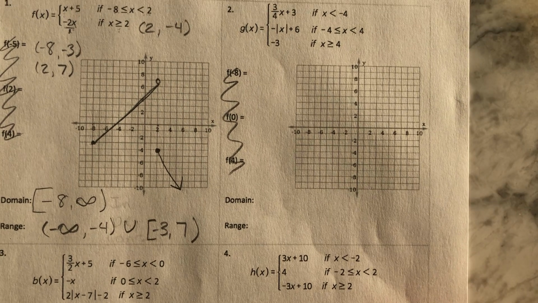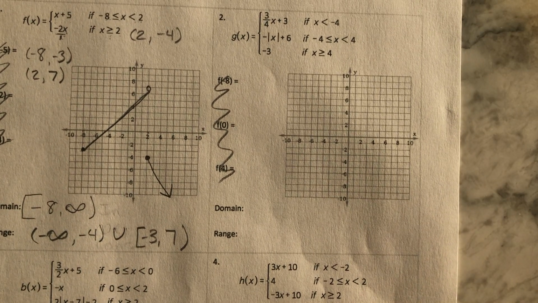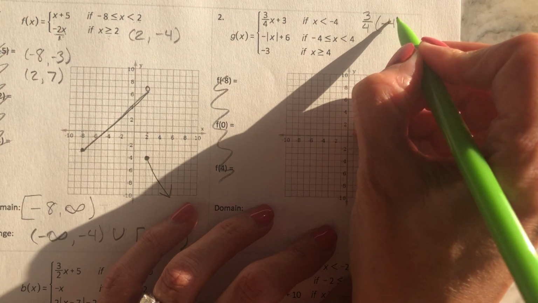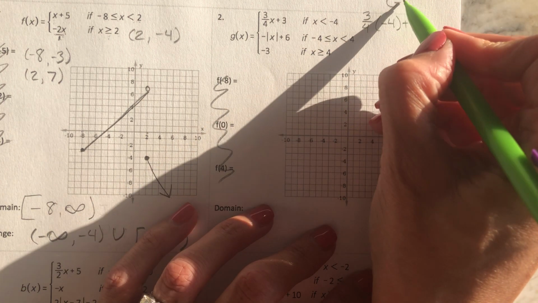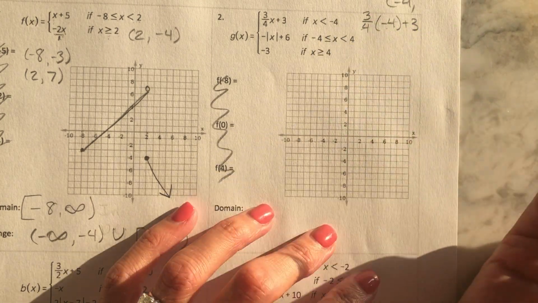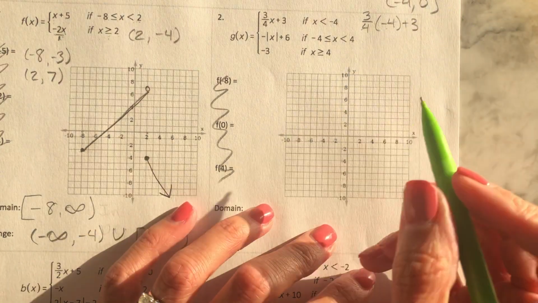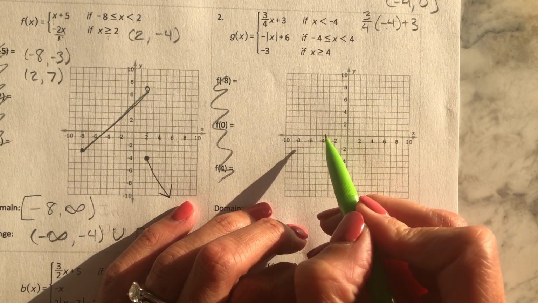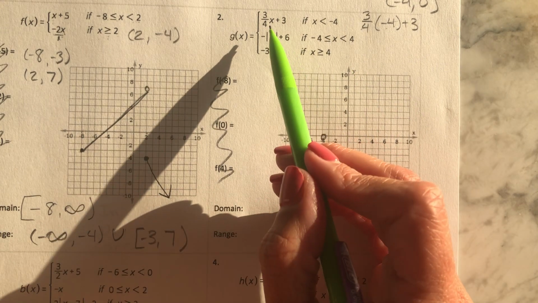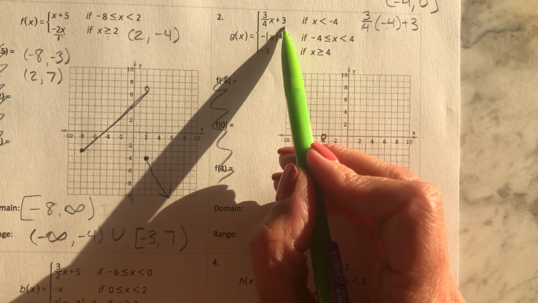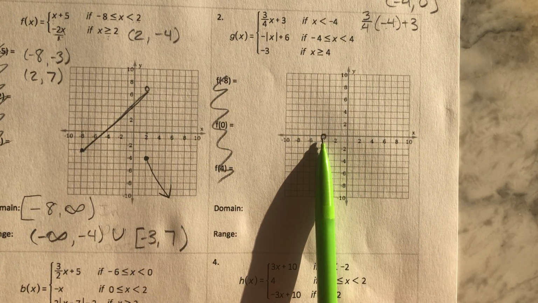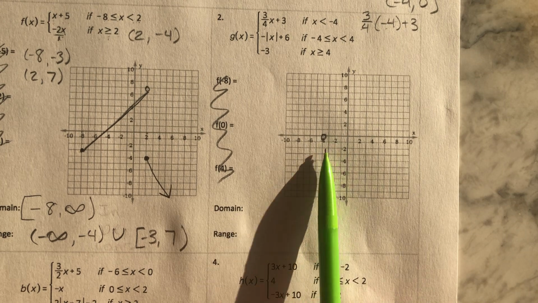All right, next one. I'm going to plug in -4. So 3/4 times -4 plus 3. Those cancel out, so that'd be -3 plus 3 is 0. (-4, 0), and it's open. This is a linear function, so it's going to be a line, and it's going to be less than -4, so the graph is going to be this side.